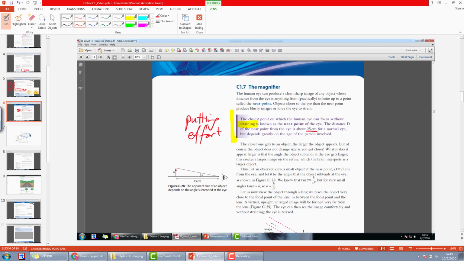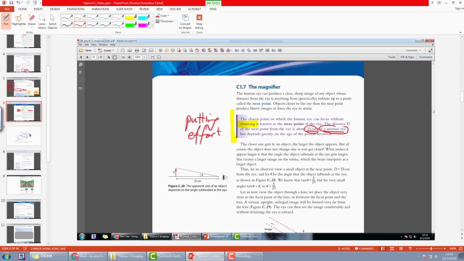You may feel doubtful or confused: what do you mean by normal eye, and why would it be 25 cm? When I first tried to learn this, I also felt very confused, so I fully understand if you feel the same right now.